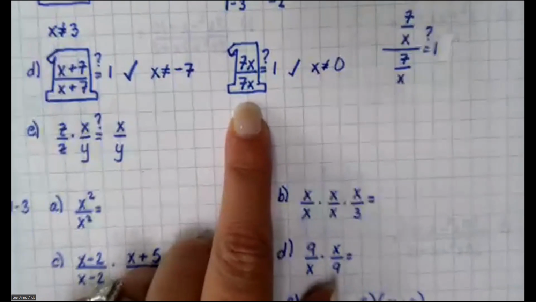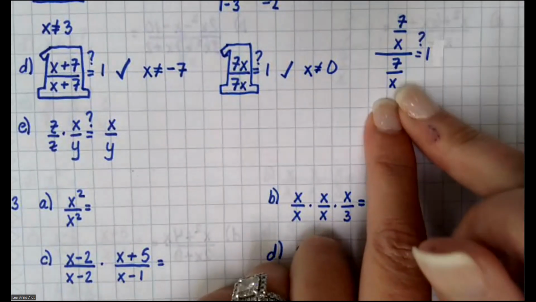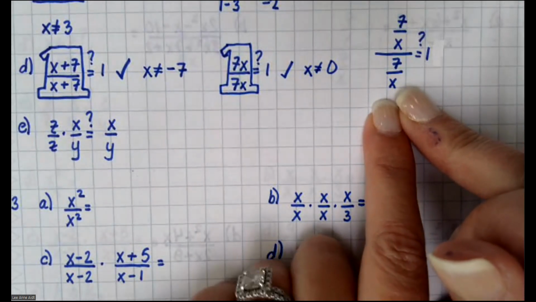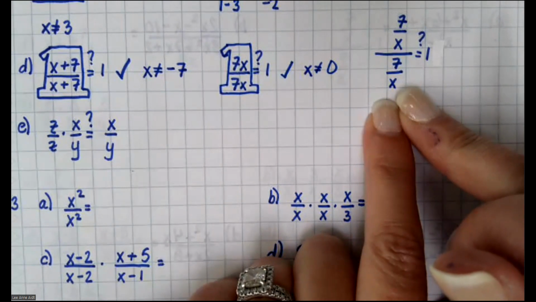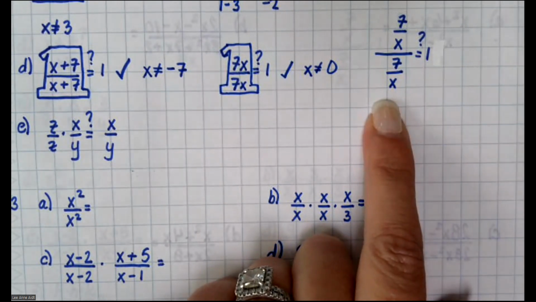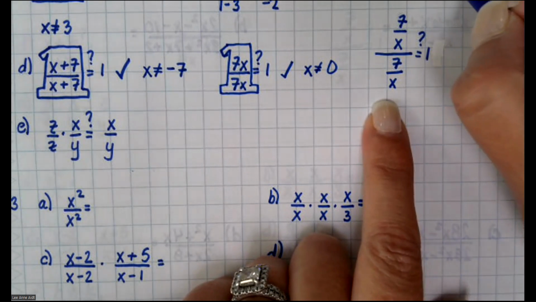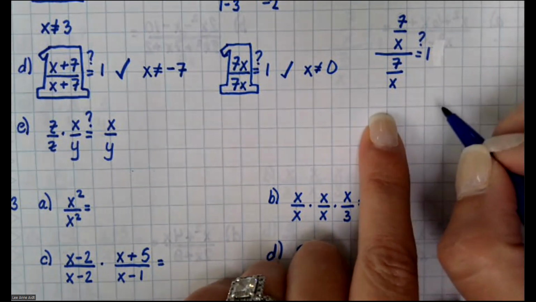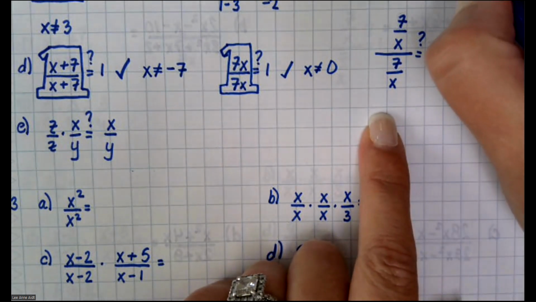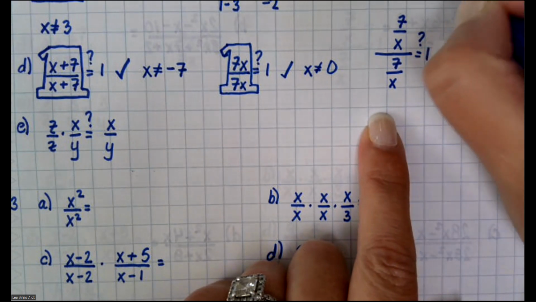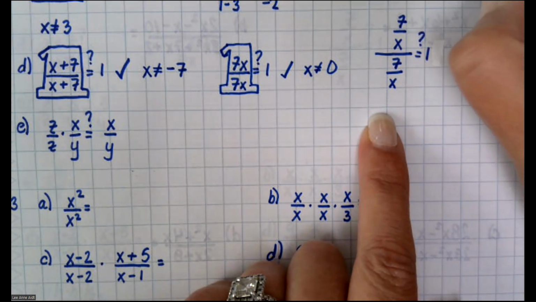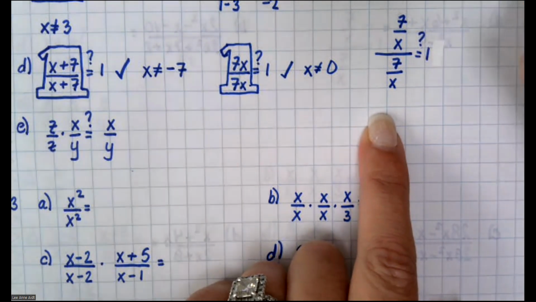All right, last one for D: 7 over x divided by 7 over x. Is that 1? It is. If you're not super sure about it, come over here somewhere in the white space and go keep, change, flip.